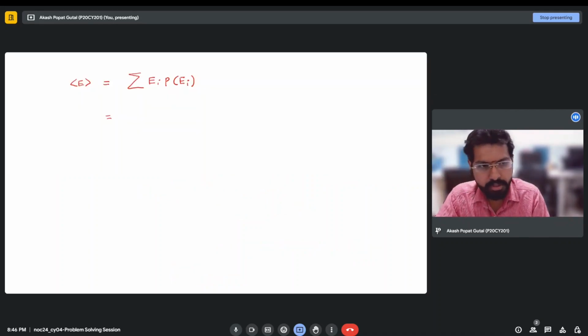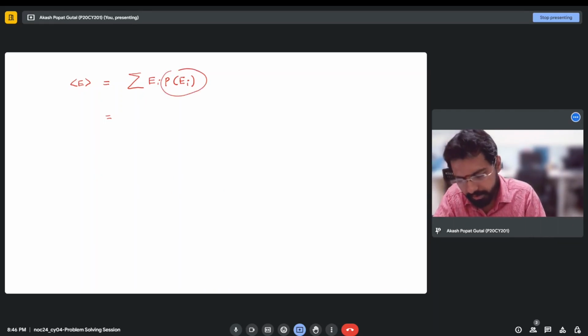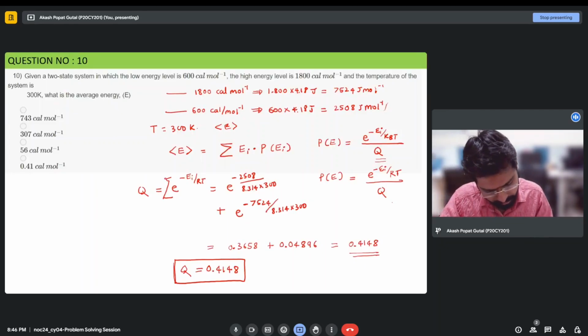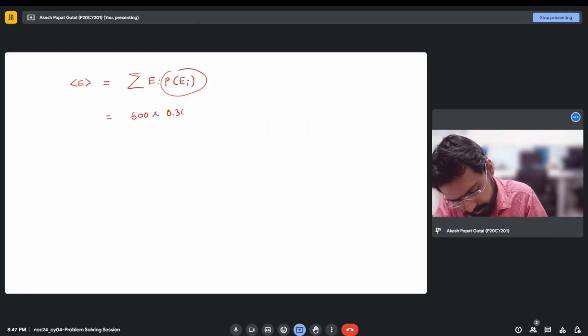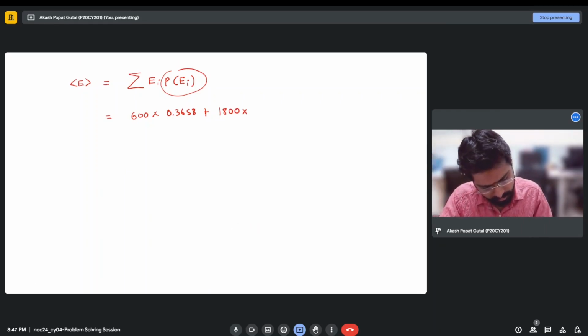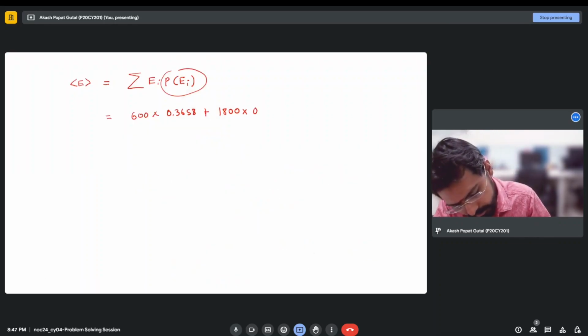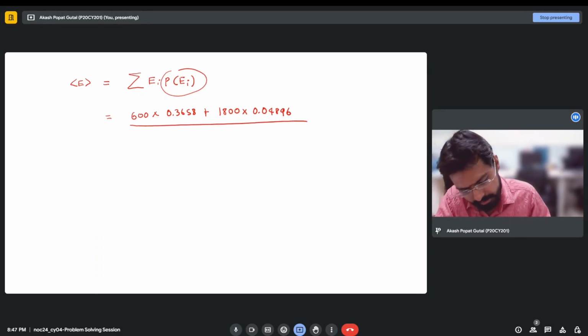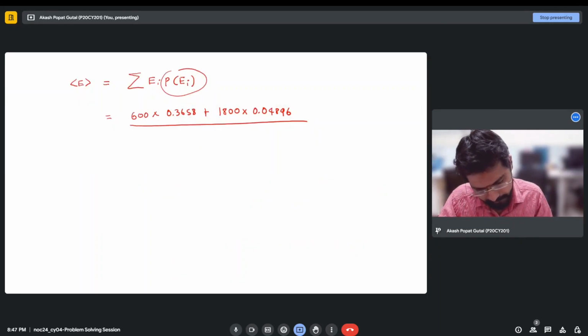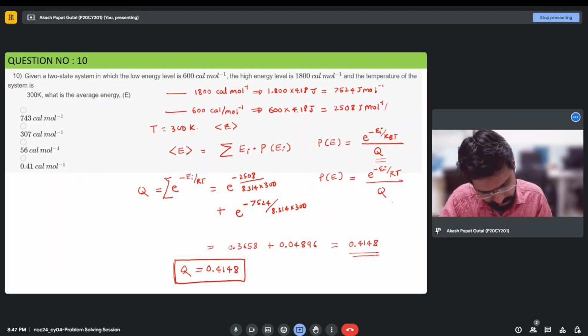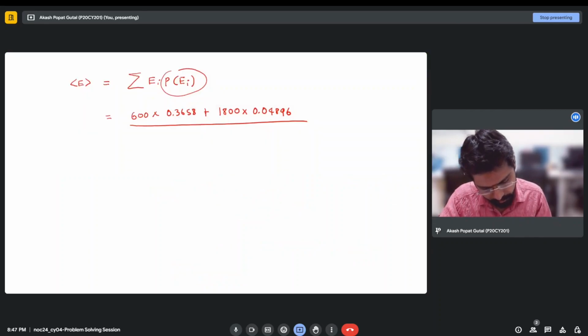So we put Ei as 600 calorie per mole times 0.3658, plus 1800 times 0.04896, divided by the partition function, which is 0.4148.